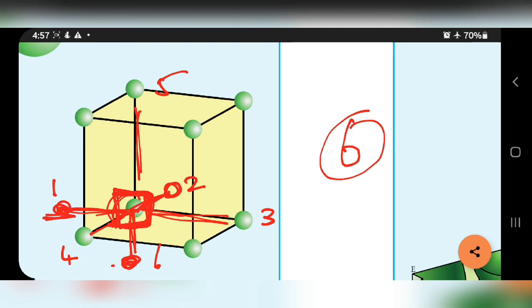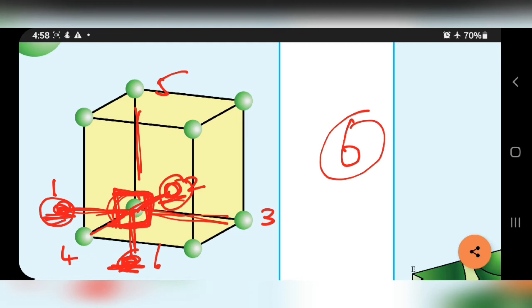These are the atoms present in the adjacent unit cell. You know the unit cell is the basic repeating unit, and it is extended in all three dimensions, that is the x axis, y axis, and z axis. So these are the atoms present in the adjacent unit cell.